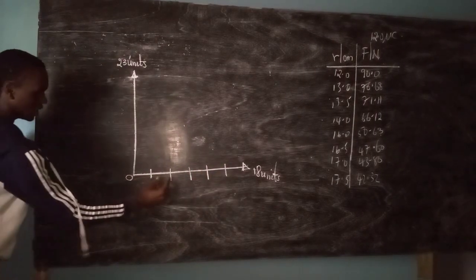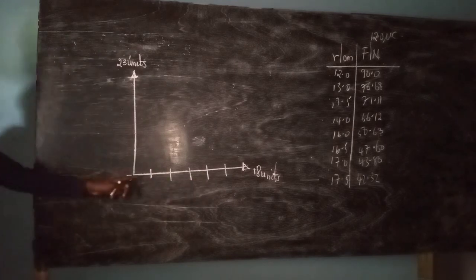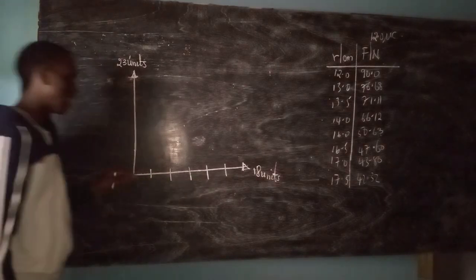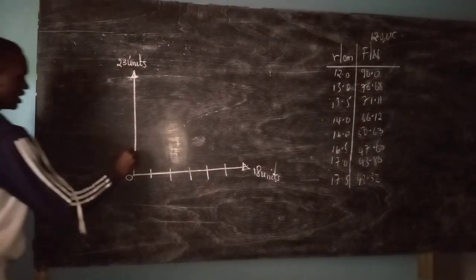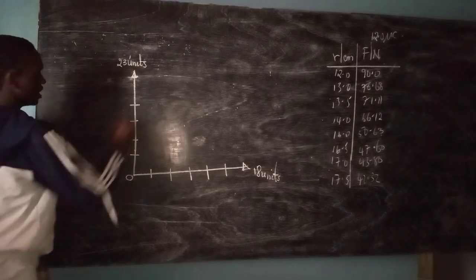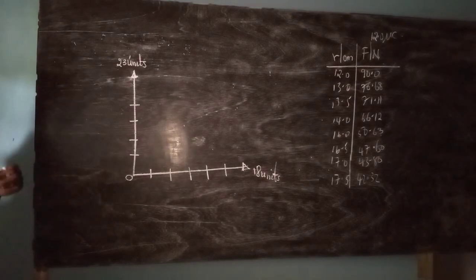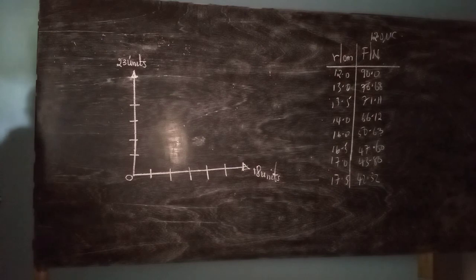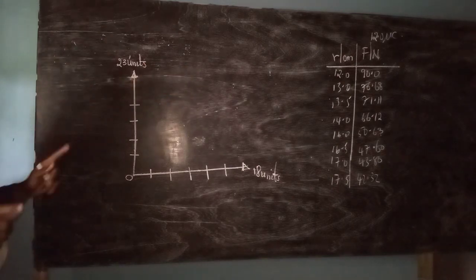This is 1 centimeter, 2 centimeters, 3 centimeters, 4 centimeters. So each line represents 1 unit. There are 18 of these units here, and 23 on the vertical axis. Since this is just a presentation on how to plot graphs, I will not plot the graph here, but I will show you the details of how you can plot the graph of F versus R.